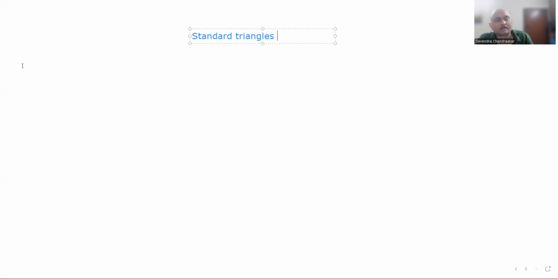These standard triangles will help us to find the trigonometric values of the standard angles of the first quadrant. So they are 2 in number.